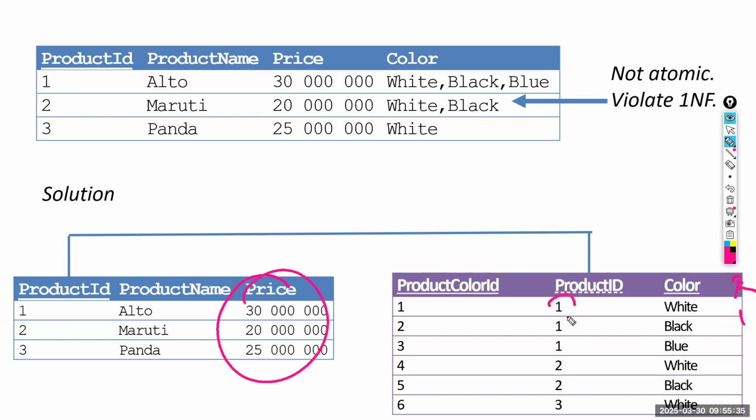So say Alto white, this price, Alto black, this price, and so on. Because price depends on color. It's not that the car has a price, but a particular car with a particular color has a price. Okay, right. Anyway, that is an additional thing.